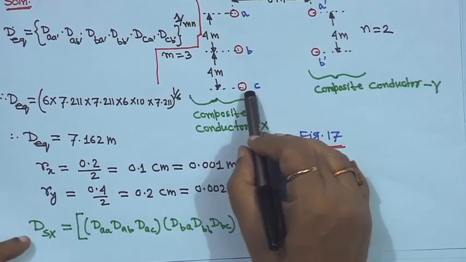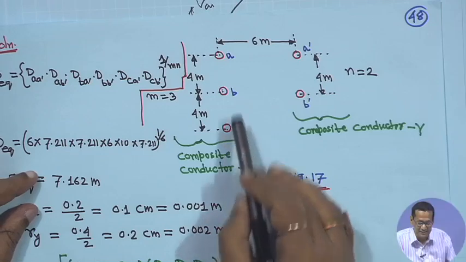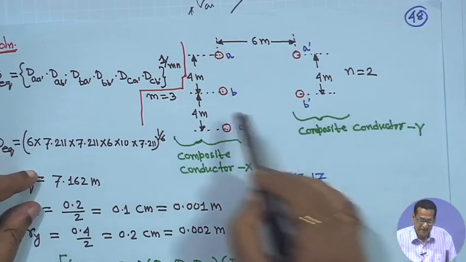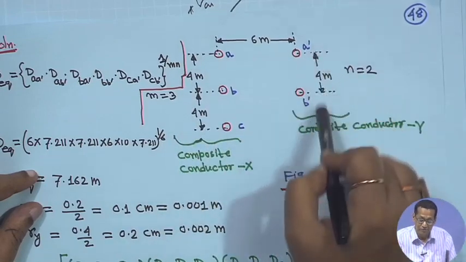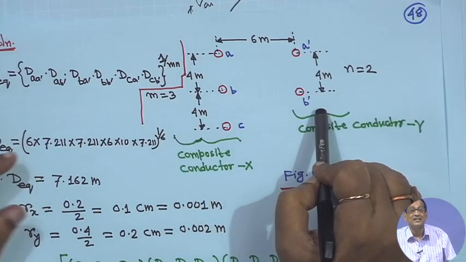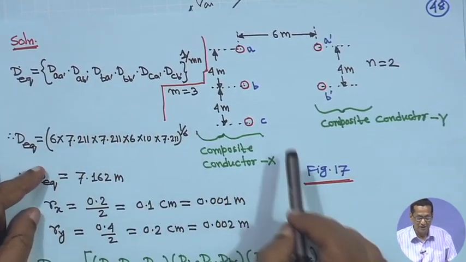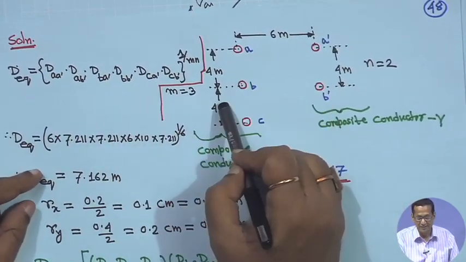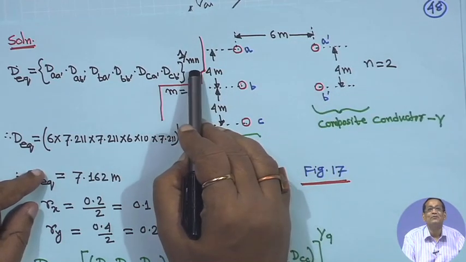For the inductance case we have solved this. In this composite conductor X, 3 conductors are here, so M is equal to 3, and here N is equal to 2 conductors. Therefore, first you find DEQ, that is all the mutual distances. 3 conductors here, 2 are here, 3 into 2, Mn is equal to 6. So, dAa', dAb', dBa', dBb', dCa', dCb', to the power 1 upon Mn.